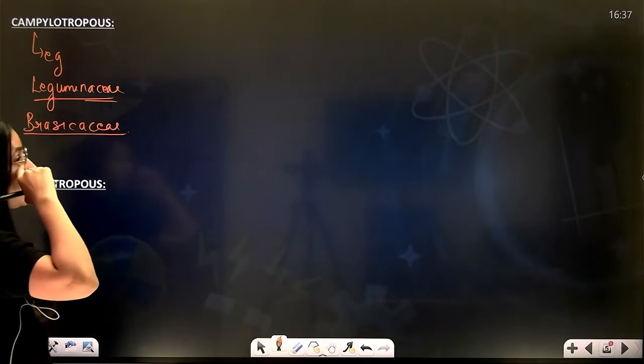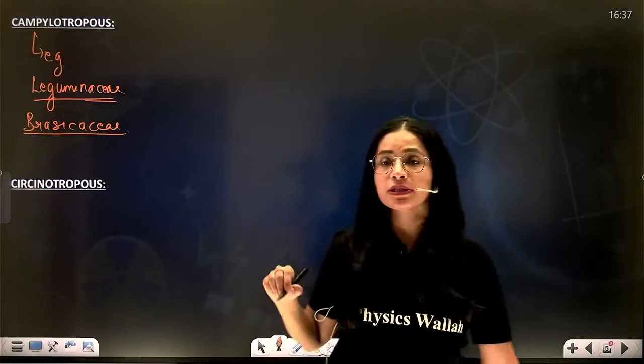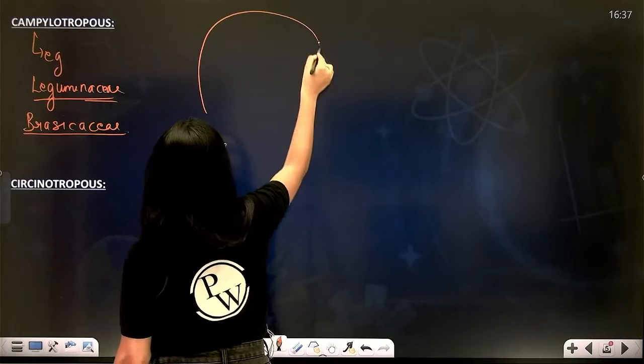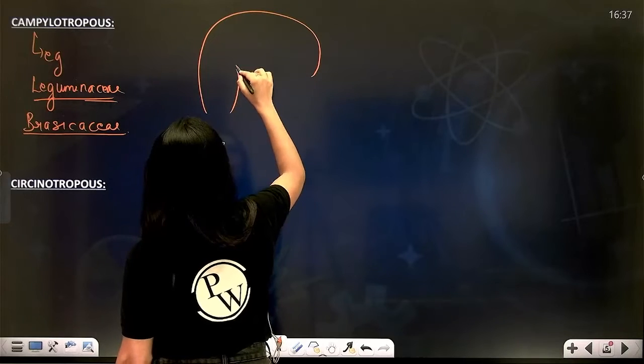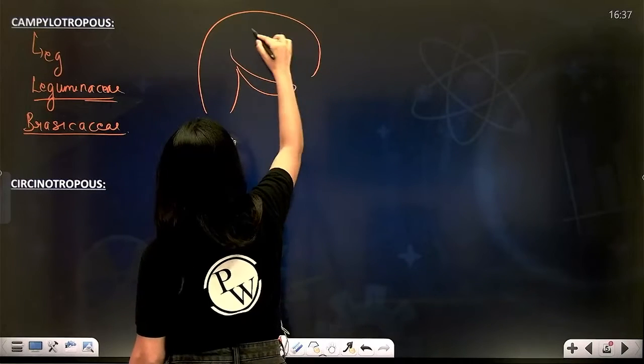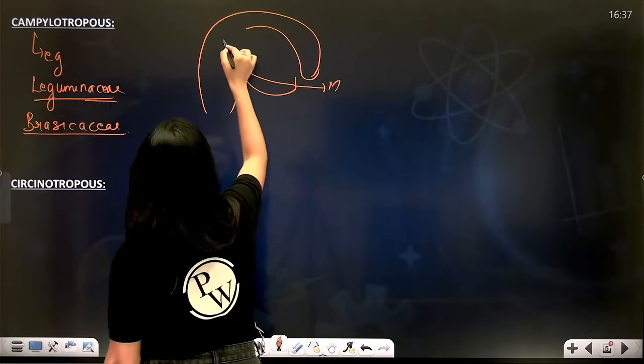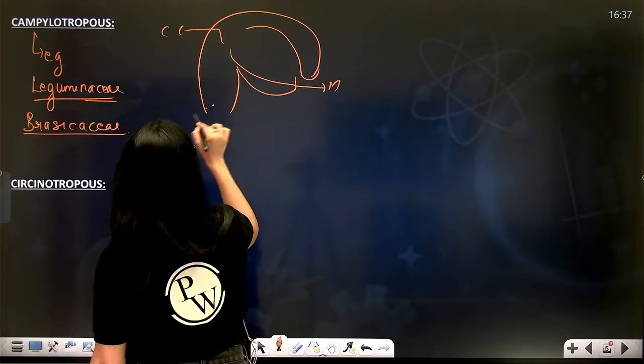Right? Now, what happens in campylotropous, beta? The angle of the ovule is going to get reduced. Can you see how I have turned my micropyle? So this is my micropyle, this is chalaza, and this is funicle.